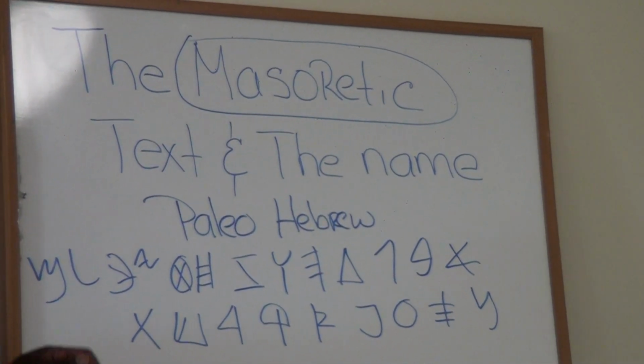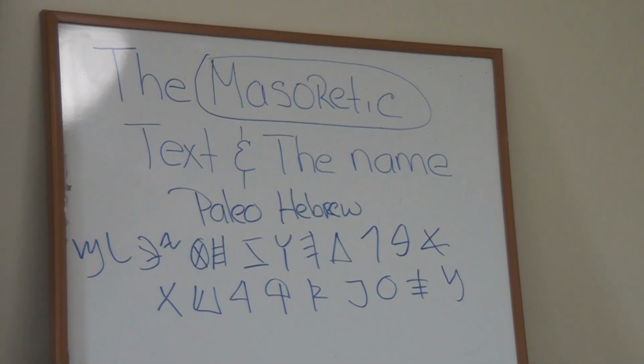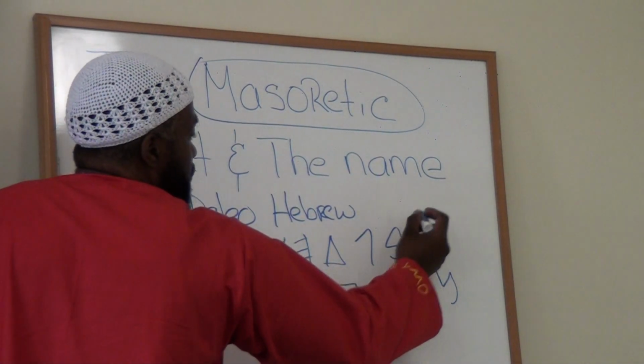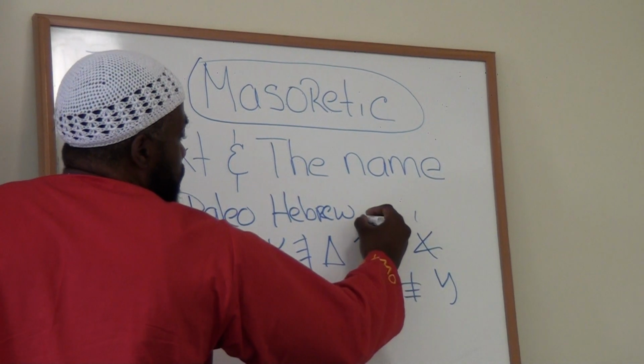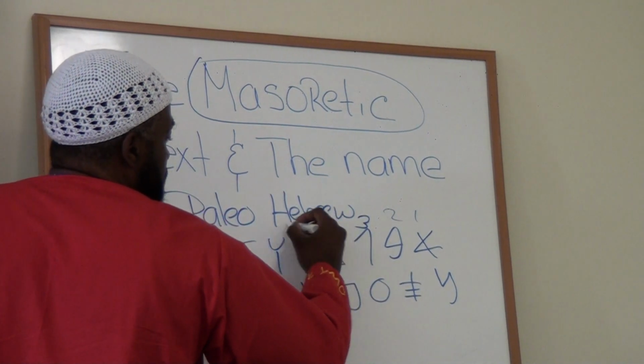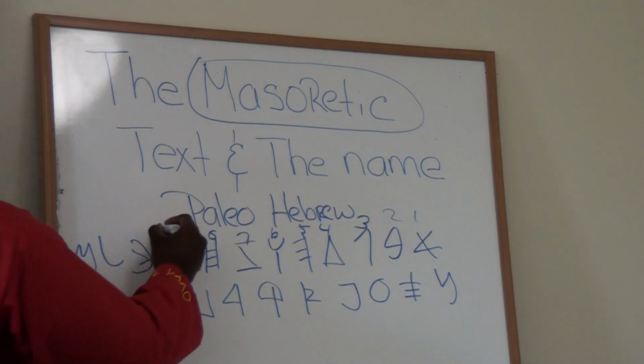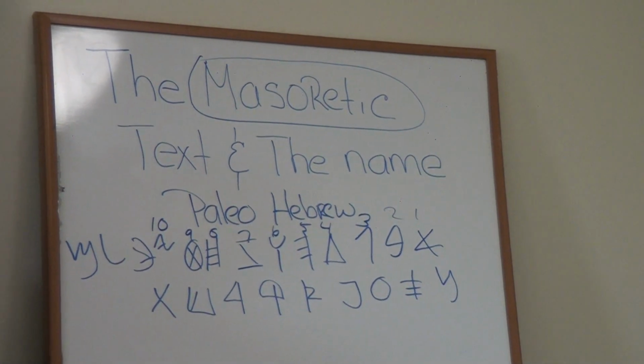Each one of these Hebrew characters is represented by a number. The Aleph represents the number 1, the Bet 2, and so forth. But when you get to the Yod now, the Yod represents the number 10.